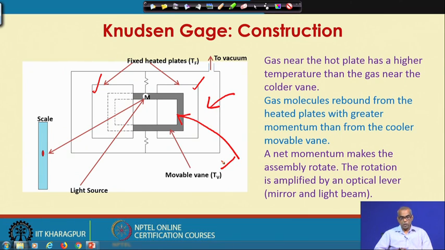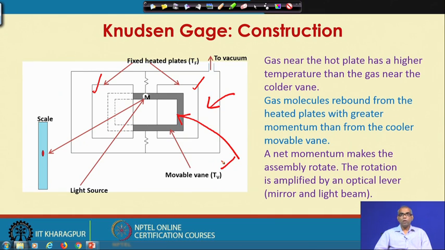Now, these two fixed plates are heated up to an exactly known temperature. And the movable vane's temperature is different from this.